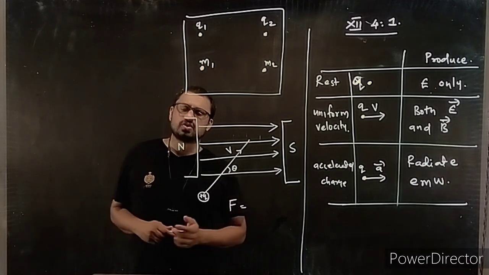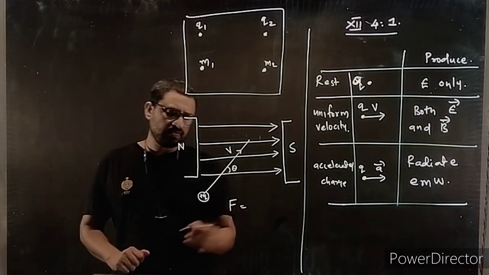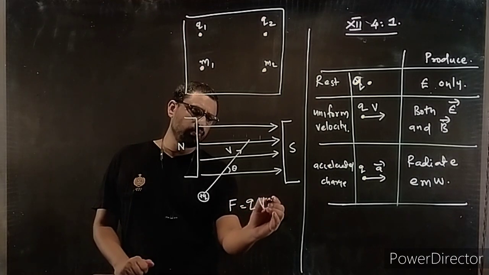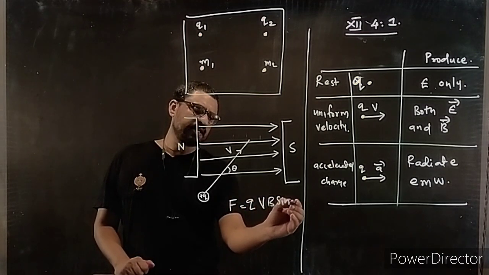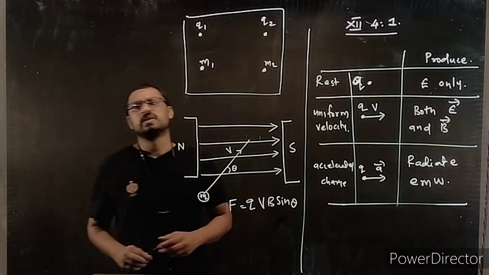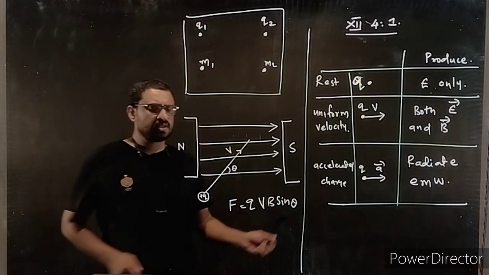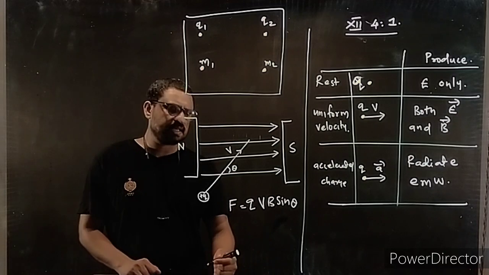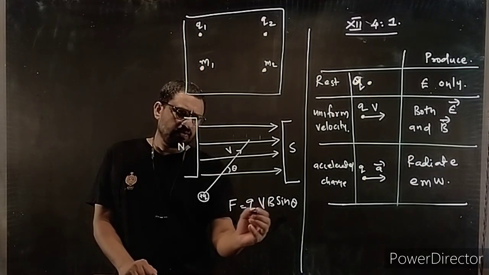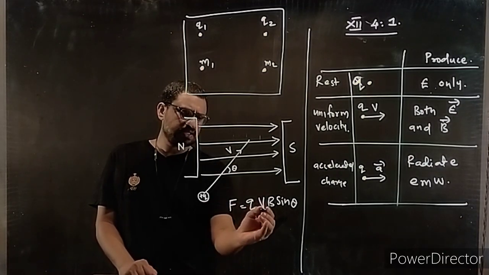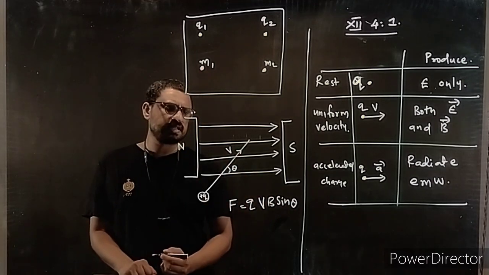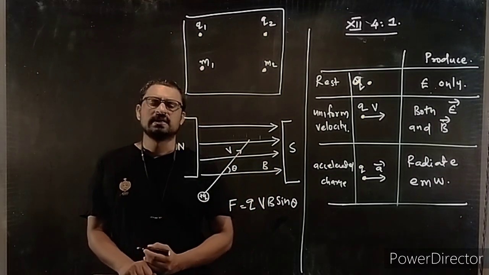That force is given by F equals QVB sin theta, where Q is the charge, V is the velocity, and theta is the angle between velocity and the magnetic field.